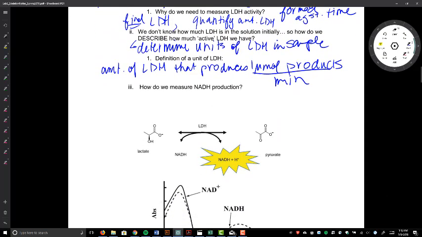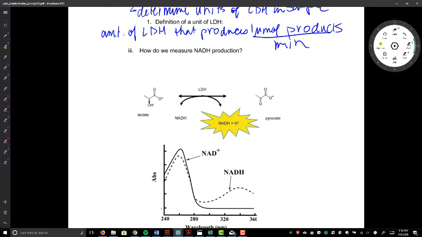And the way that we actually measure this is pretty tricky, because we can't just look at the spectrophotometer and see pyruvate, NADH and protons being produced. We have to visualize them in a tricksy kind of way.